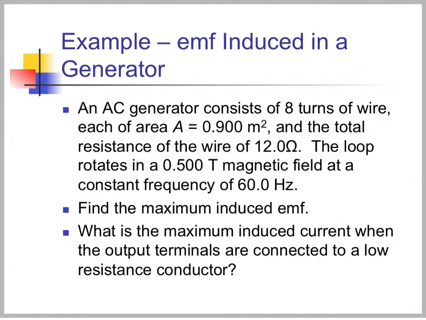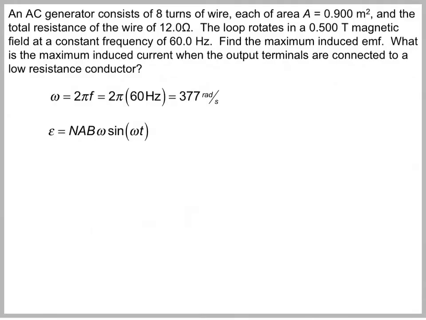So first we need to know what omega is. Omega is 2 pi times the frequency, so 2 pi times 60, or 377 radians per second. This is the angular frequency of all the power that's used in the US, 377 radians per second. So the EMF we said was NAB omega sine omega t.